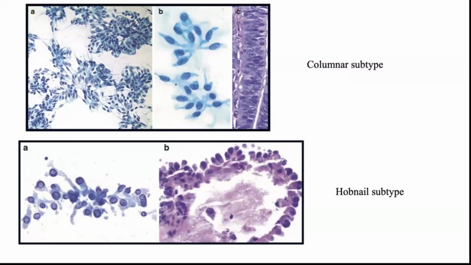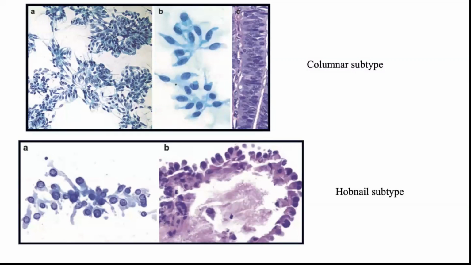They are usually female patients, and hence presence of just few columnar cells in any histological PTC specimen does not predict worse outcomes, unlike tall cell variant. So this has to be differentiated and should not be confused between tall cell and columnar subtype. Presence of columnar subtype does not predict worst outcomes.